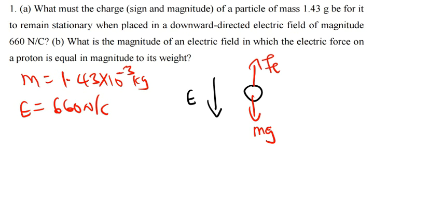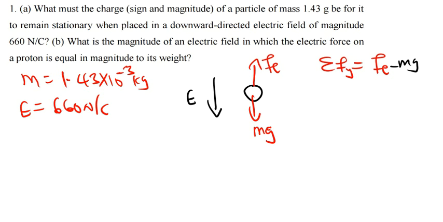Now, we have been told that the electric field is going downward, and we are trying to find the magnitude. So if it is stationary, the summation of all the forces in the y direction, in this case we have the electric force, which is pointing upward, I'm going to assign it as positive. Then I also have the mg pointing downward, which is going to be minus.